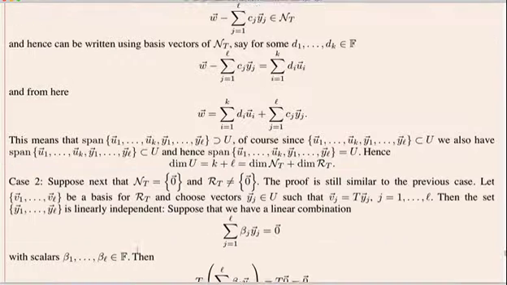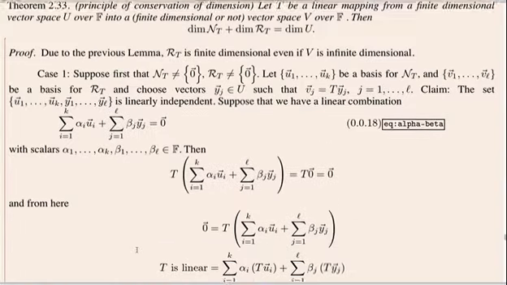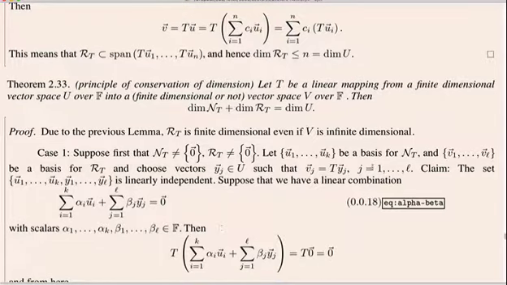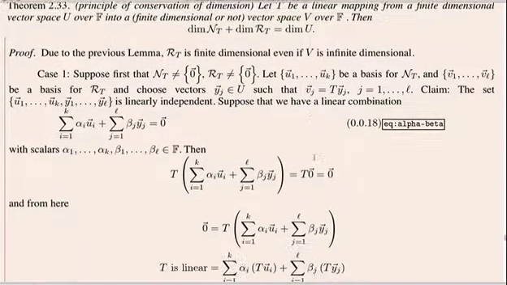If you look at the previous theorem and compare, we are mapping from the U vector space, and the dimension of the null space plus the range equals the dimension of this U space.